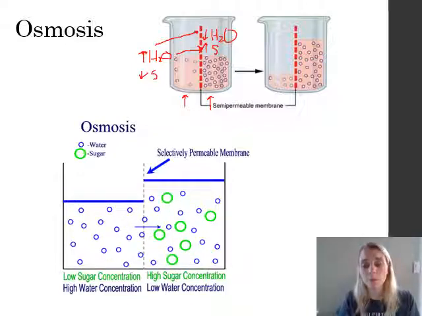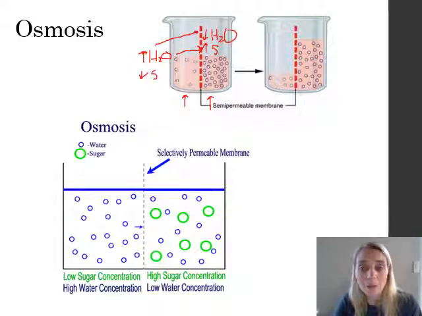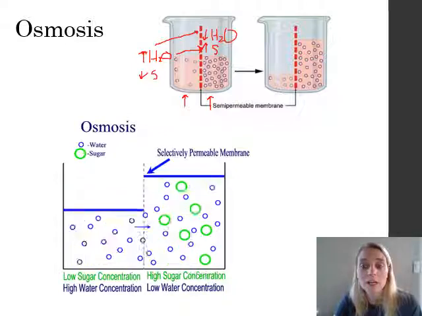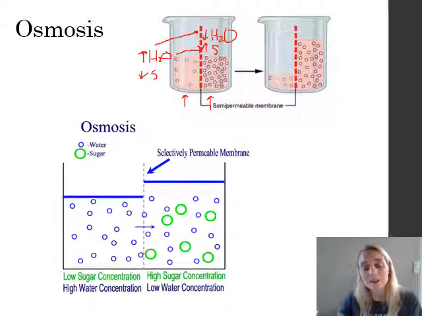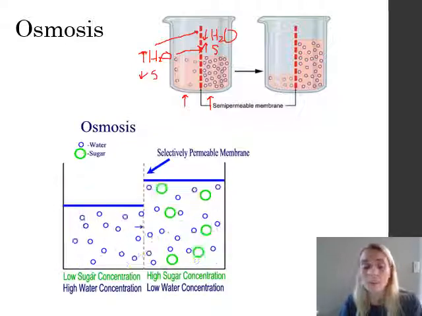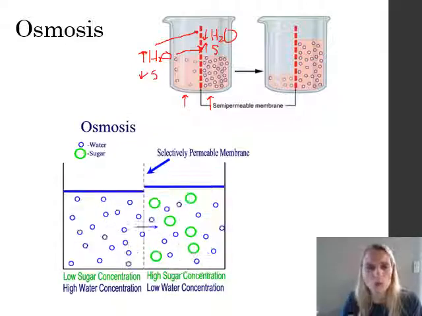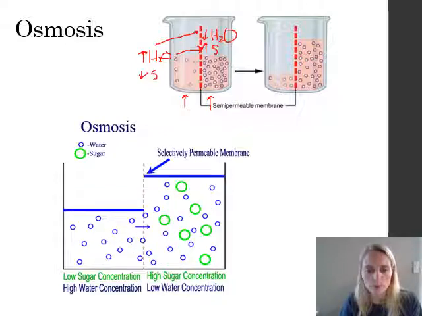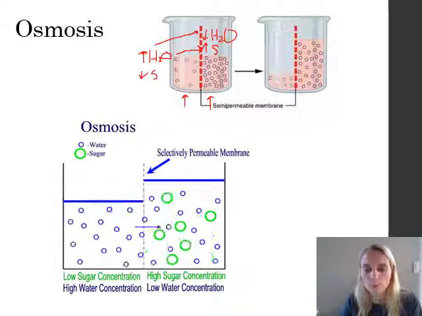So if we let time go by, what will actually happen if you were to set up this experiment is the water on the right-hand side of this beaker, this beaker separated by the semi-permeable membrane, the purple solutes can't move through, just the water. So it's impermeable to the purple solutes, permeable to the water.